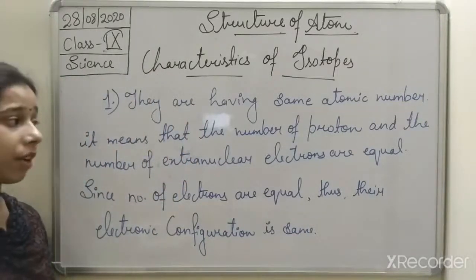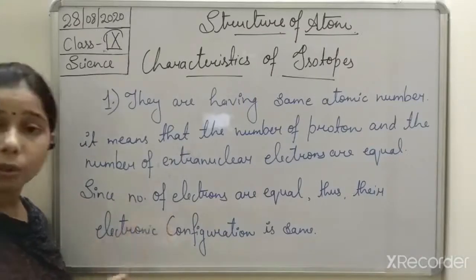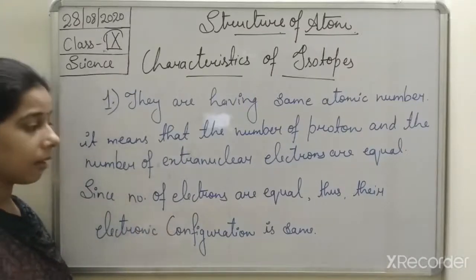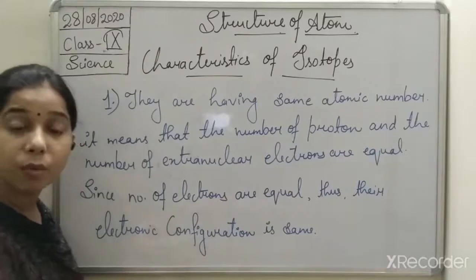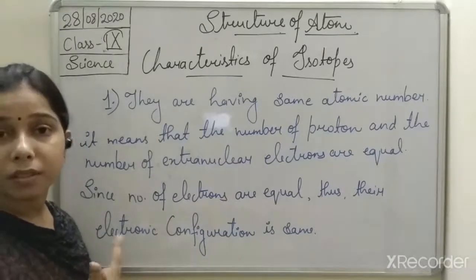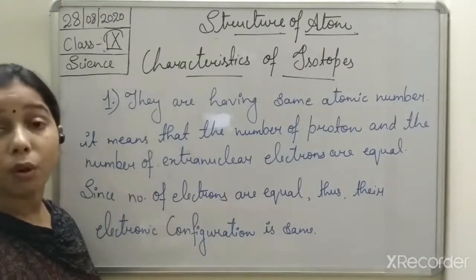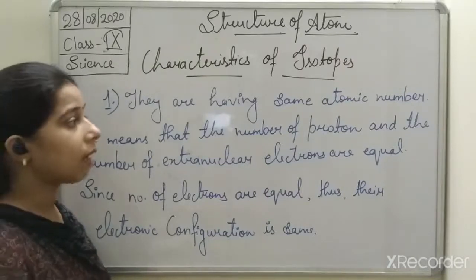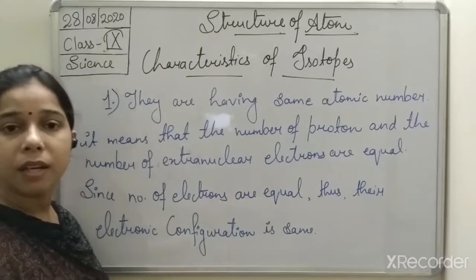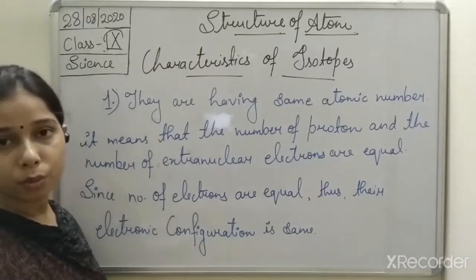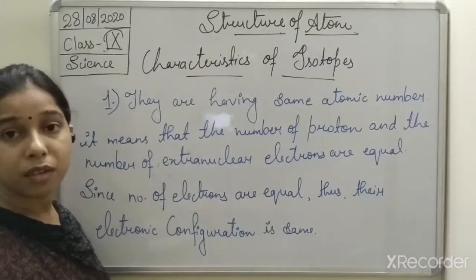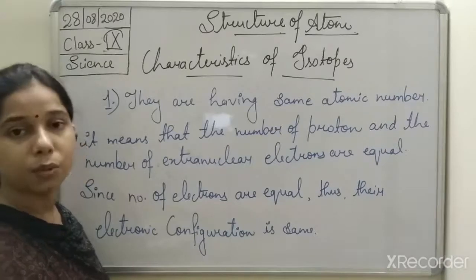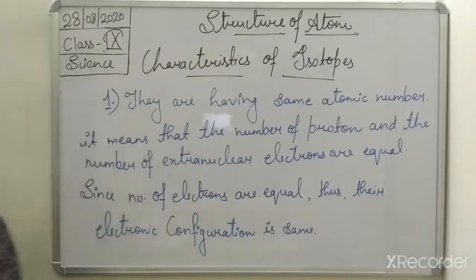Since the number of electrons is equal in all the cases, their electronic distribution is also equal, or the electronic configuration is also the same. So they have the same atomic number, which means the number of protons as well as the number of electrons is equal. We will see the second one.